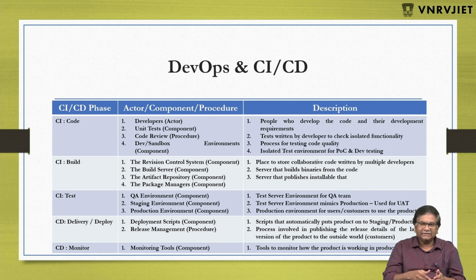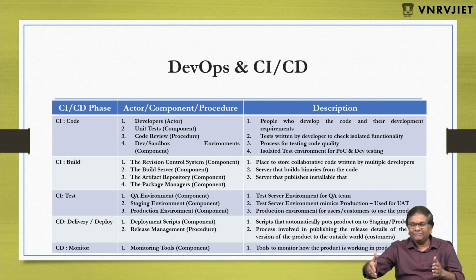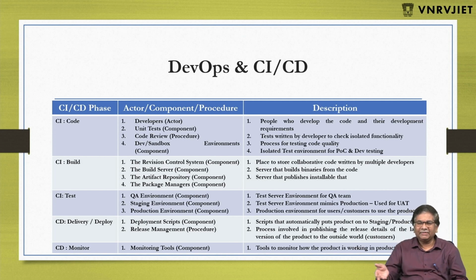I'll talk about that in this presentation. Again, test: the QA environment is the server that the QA team works on. The staging environment is one step before we put it into production. That's where the user acceptance happens, which I will discuss in the coming presentations. Production environment is for users, customers who use the production product, and that completes the CI part of it.